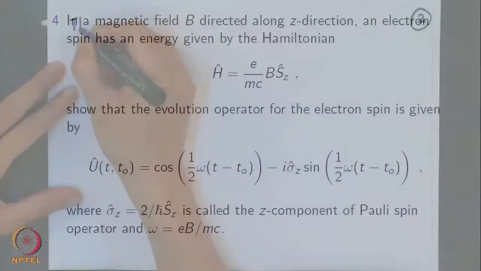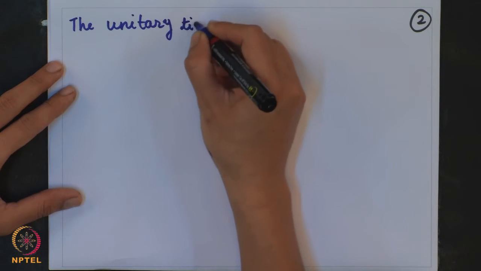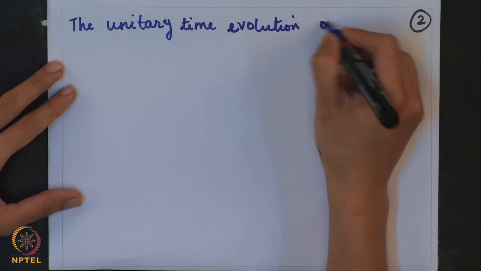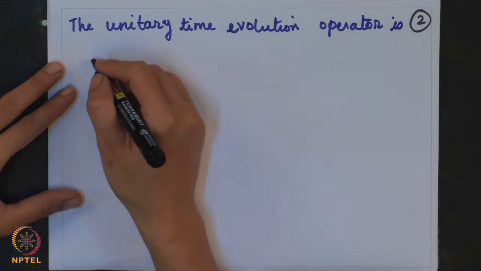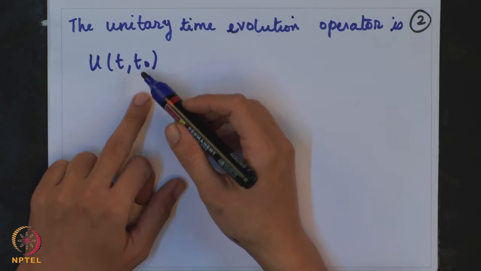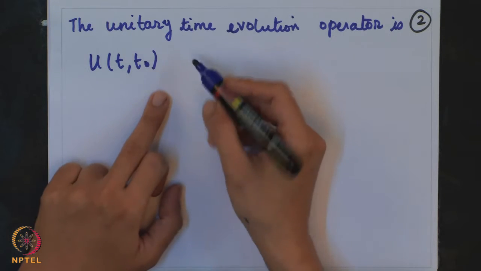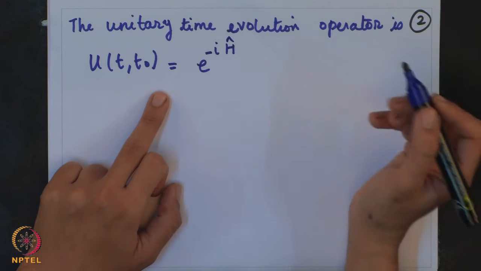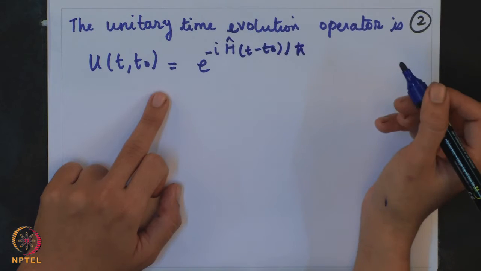So, the unitary time evolution operator, I will write it as U(t, t naught). The evolution of time from t equal to t naught to some time t is written as e raised to minus i H, the Hamiltonian operator, times (t minus t naught) upon h cross.